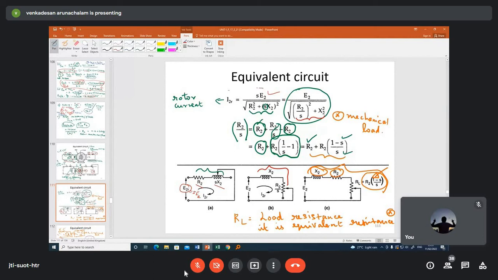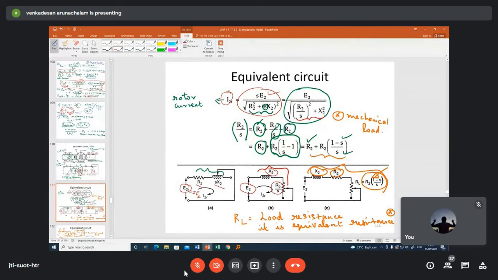If you write it like this or like this, it will circulate the same magnitude of rotor current. So the equivalent circuit can be redrawn like this: SE2 becomes E2, SX2 becomes X2, and R2 becomes R2 by S.